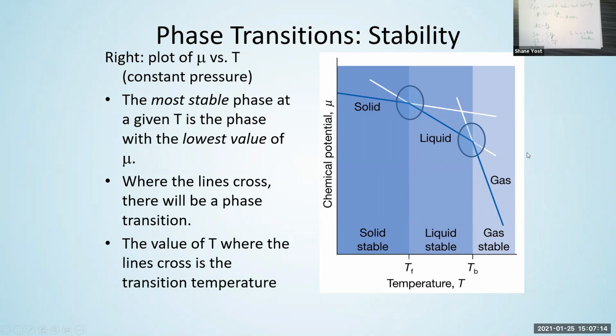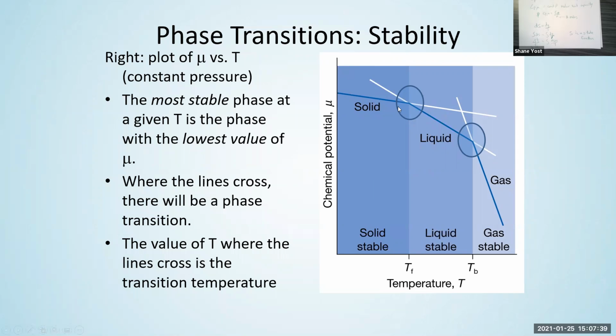They're all at different values, except where they cross, circled here. The chemical potential is related to the Gibbs free energy of your substance, so the lower the chemical potential, the lower the Gibbs free energy. At low temperatures, the solid has the lowest chemical potential, so it is the most stable phase.